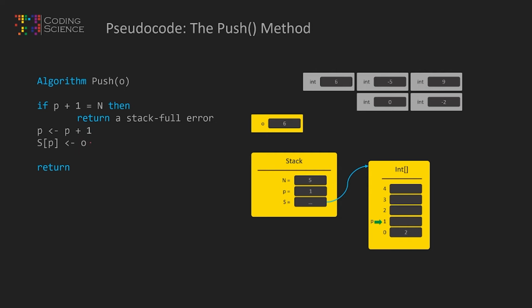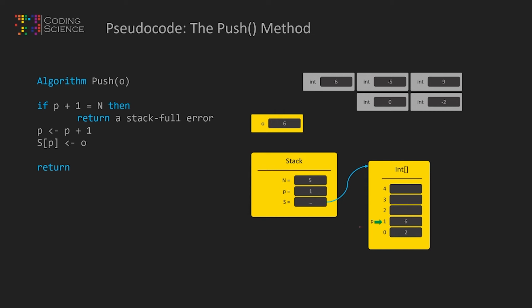Now we take the value in O, and we will put it in the array S, or I call it the stack, but it's actually the integer array S, at the position P. P is 1, we see the pointer here. Then we will put 6 in here. There we go. So now we have stacked it up. And as you can see, P is pointing on the latest element of the stack. So we're finished and we return.